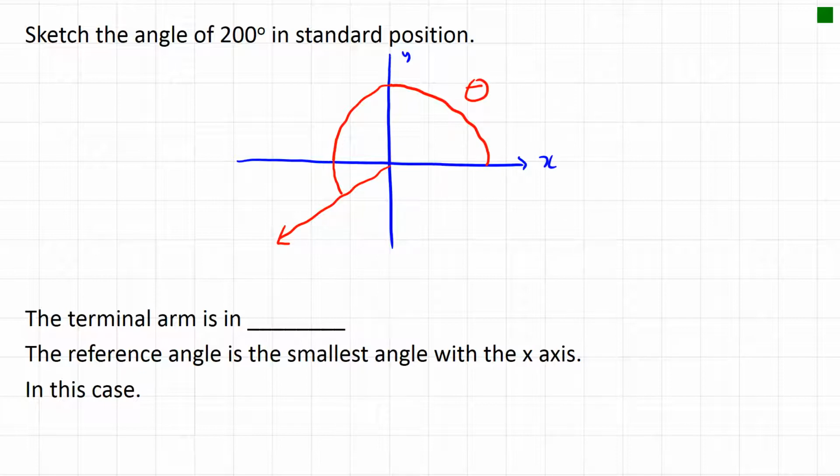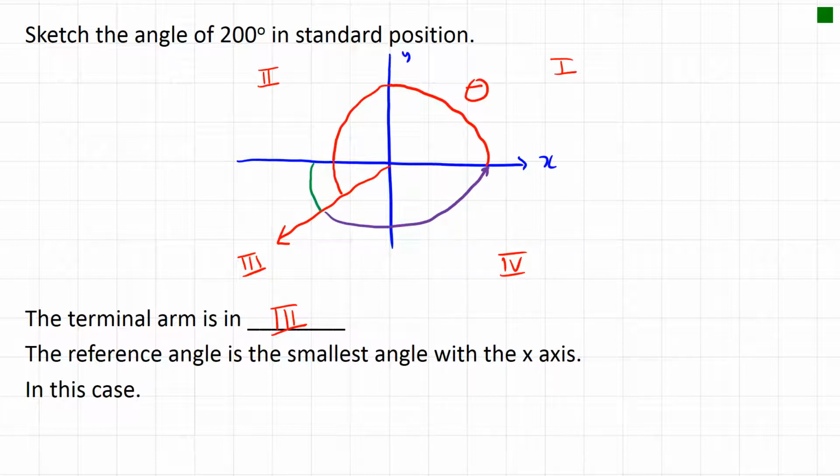So the terminal arm is in a certain quadrant, and we start labeling the quadrants going counterclockwise. So it ends in quadrant 3. The reference angle is the smallest angle with the x-axis. So notice that terminal arm makes this angle with the x-axis and this one with the x-axis.